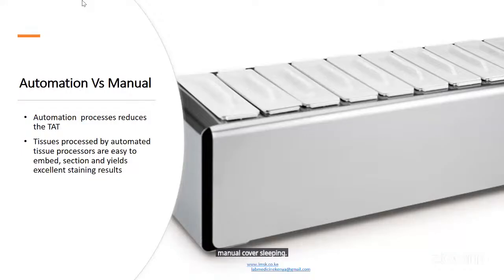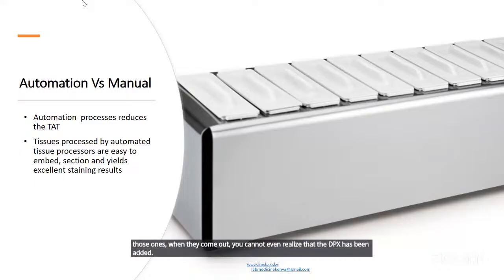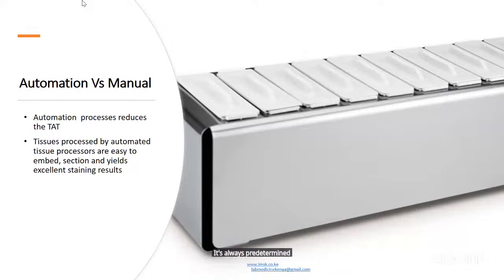When the slides come out of the auto stainer and auto cover slipper, you cannot even realize that the DPX has been added. It's always predetermined. So of course, automated processes will always reduce our TAT. So if you can, automate your processes.